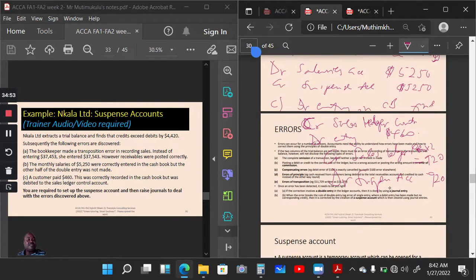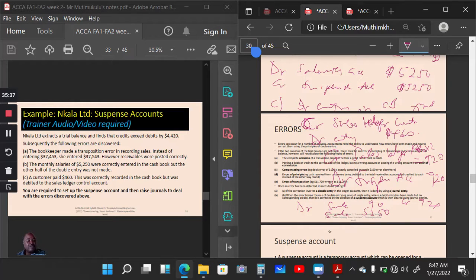Basically you will see that in the debit entries, we're having sales overstated 90. We're also having salaries, that is 5250. And the credit entries required is 920. So the credit entries should set off the debit entries.